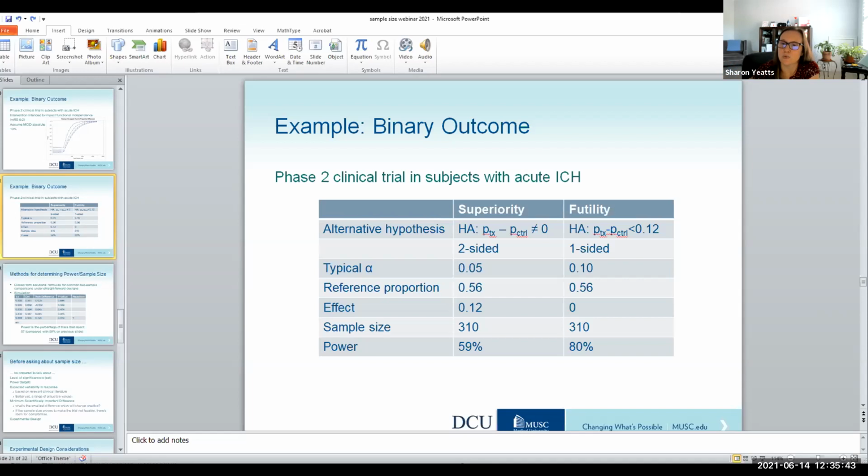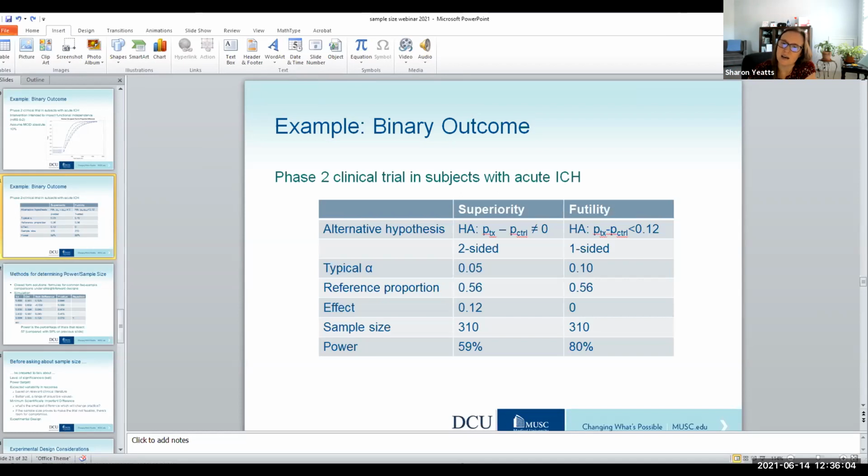So we would typically design this around a 2-sided hypothesis, using alpha level 0.05, because we think that's what has to be done. And in the example that I'm giving you, the control proportion was assumed to be 0.56. So again, we're in that sort of worst case scenario range.